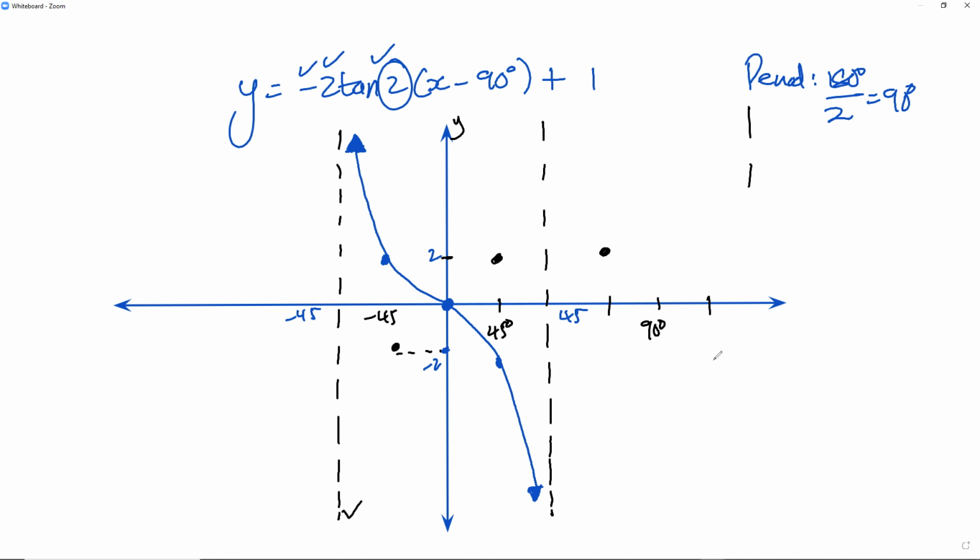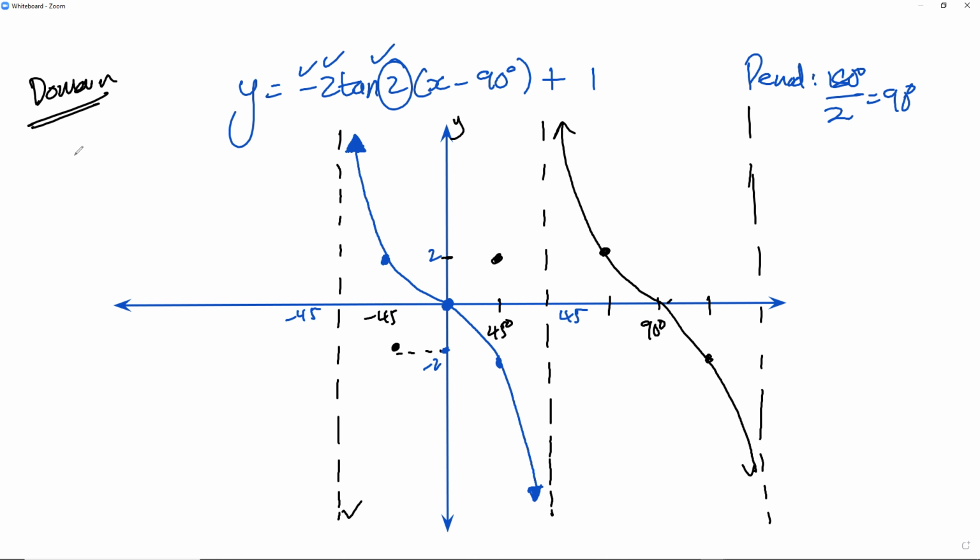So we have that ready there. We said this is going to go right till there, and this is going to go down till there, and that's nice and simple. All right, now let's say the domain. Now this is going to be the decider. The domain is between 45 and 135.